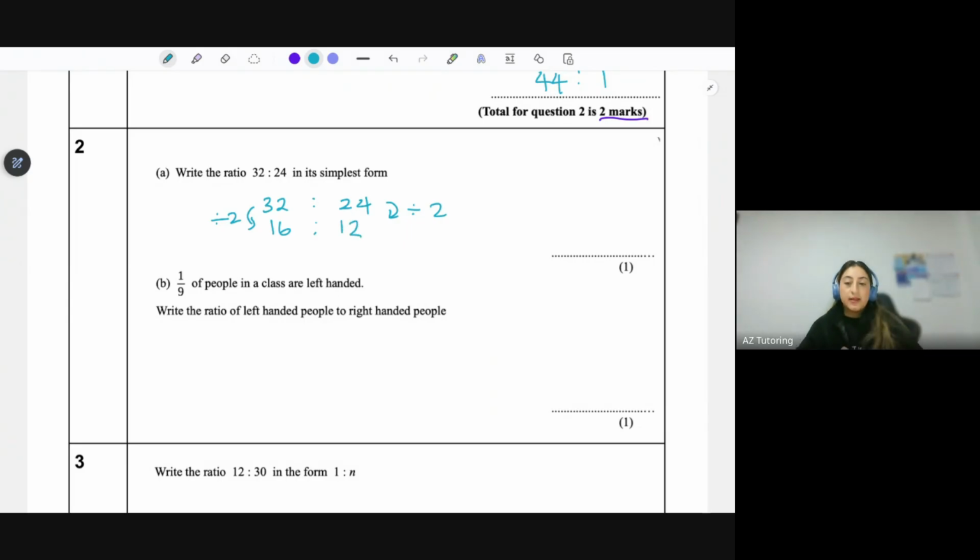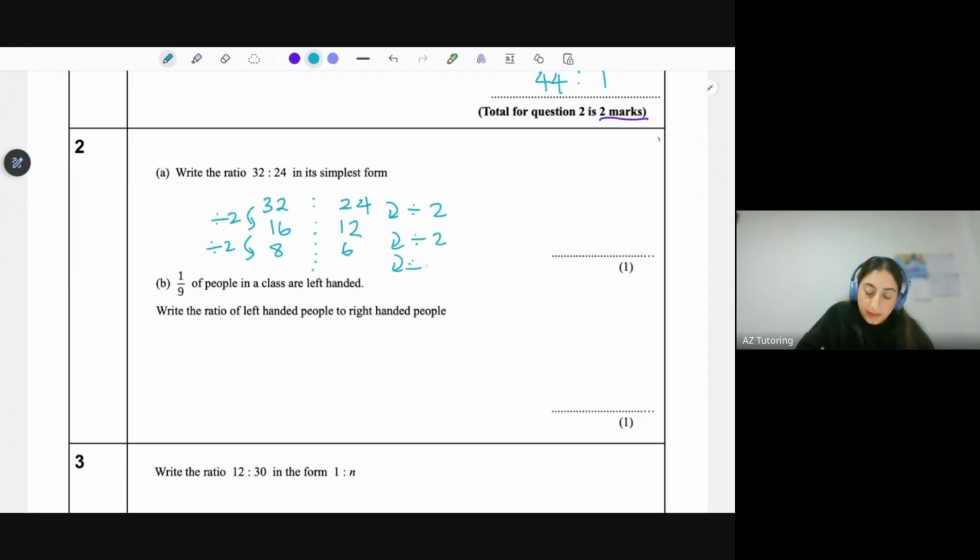And I can see that they're still both even numbers, so I can simplify even more. So again, I'm going to divide both sides by 2. 16 divided by 2 is 8. 12 divided by 2 is 6. I think I can divide it one more time because they're still even numbers.